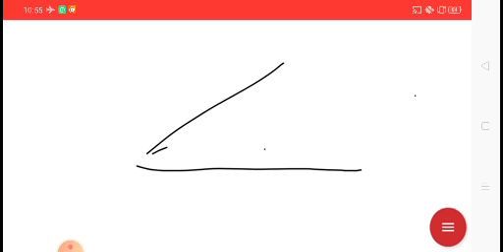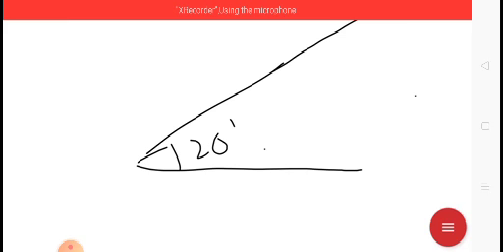Okay, same thing. You need to form a diagram first. Let's say we draw a diagram. Okay, here's 20 degrees.